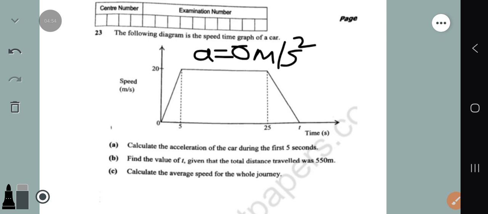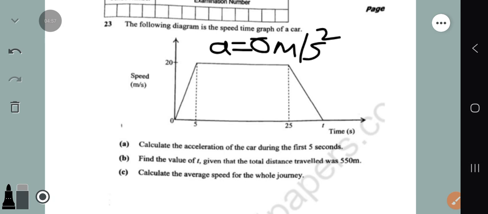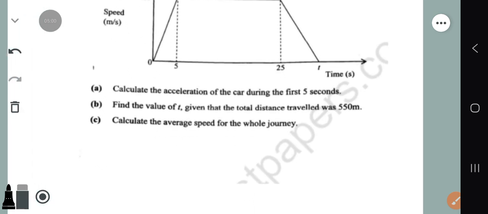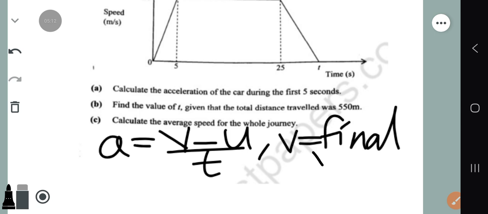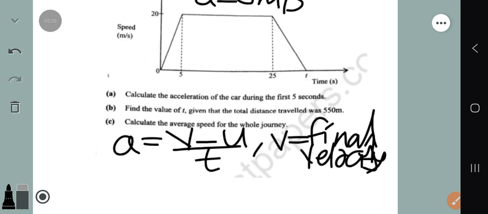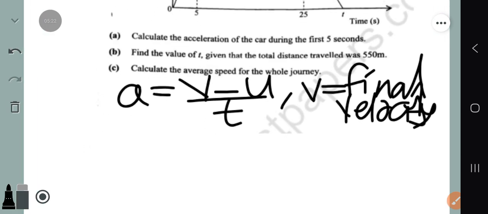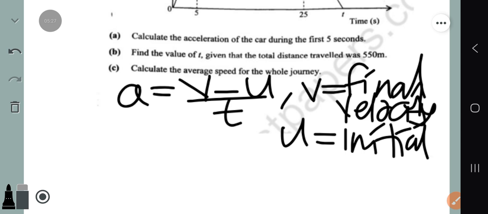So acceleration equals to final velocity minus initial velocity divided by time, where v means final velocity or final speed, right? And u means initial velocity, the speed it started with.